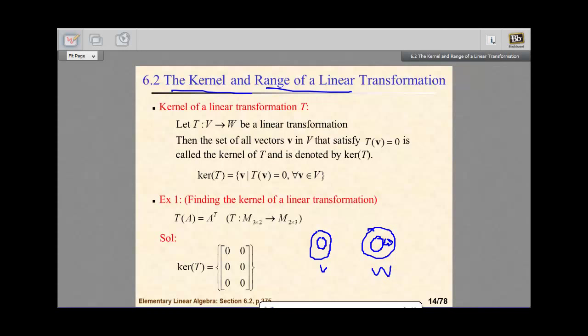All the images that are 0 are called the kernel of T. So where all the images are 0, that is called the kernel. All these parts are called the kernel, and these are called the range. So this is the definition. After the transformation we get 0, that is called the kernel.